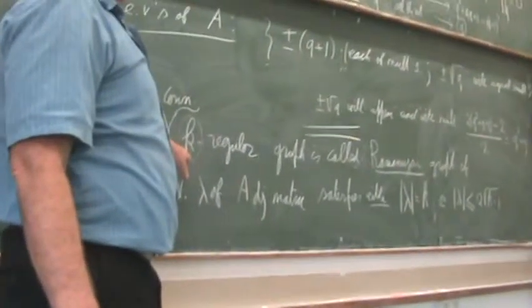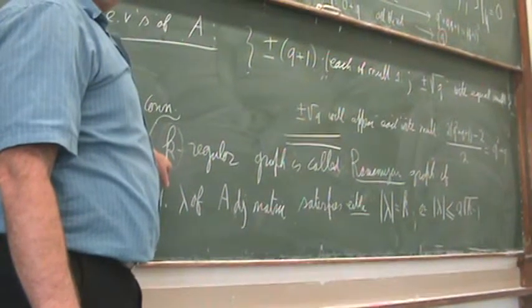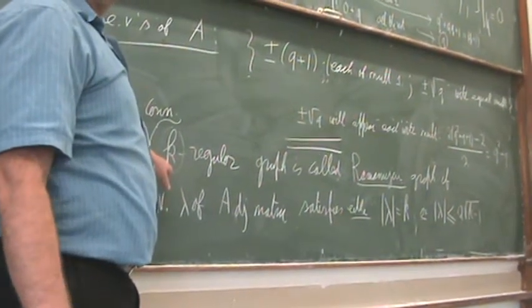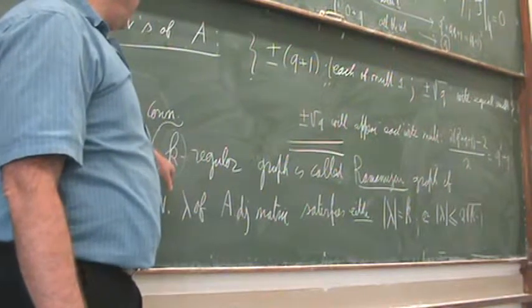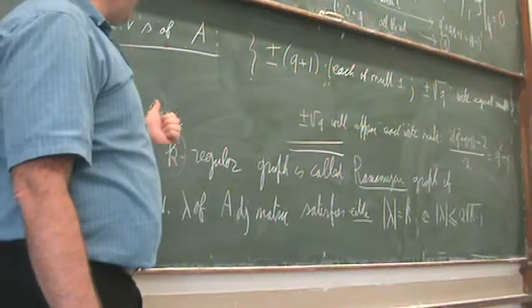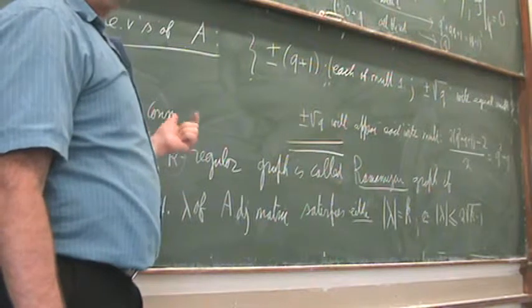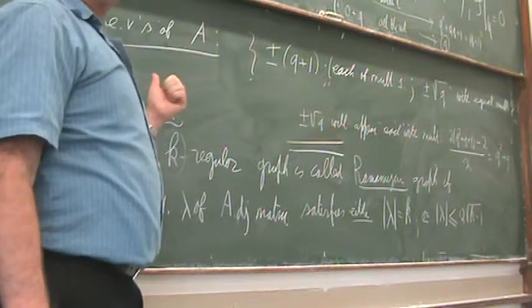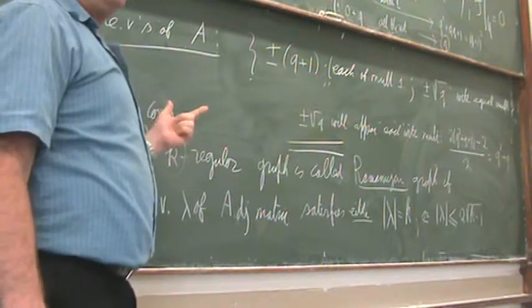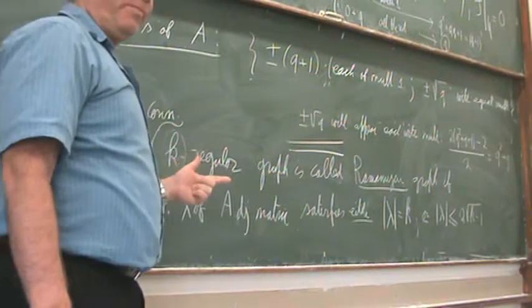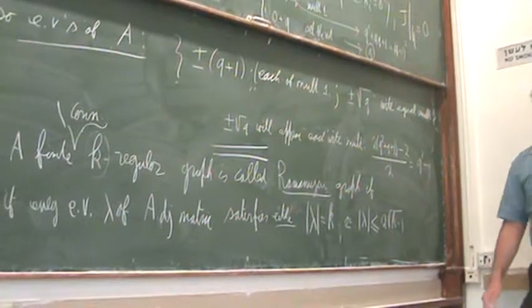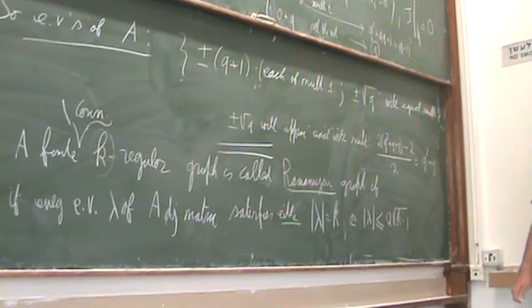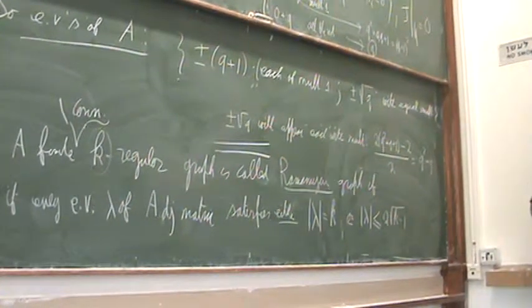Because they are q plus 1 regular graphs, not 2. They are q plus 1 regular graphs, and the largest eigenvalue is q plus 1. So all the others should be less than 2 square root of q, and they are indeed less than, because they are even square root of q. So these are Ramanujan.